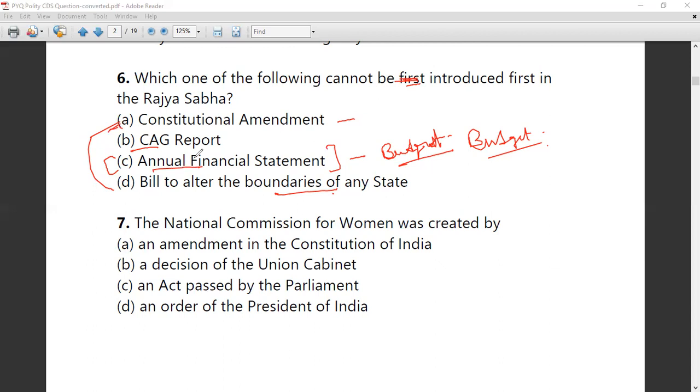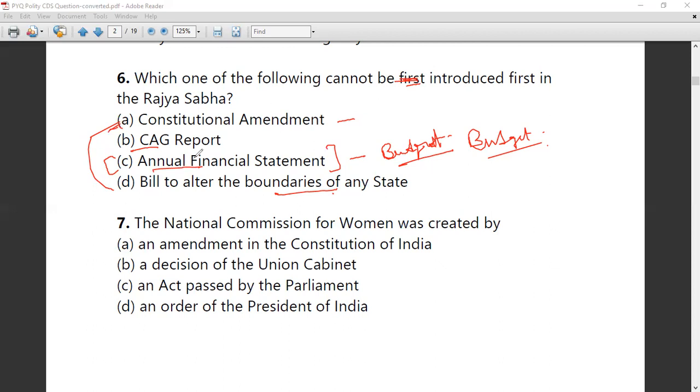So it is a kind of comparison of budget in which the taxation has been collected by the government and what will be the next planning for the expenditure of these collected taxes for the upcoming financial year. So that is the budget which is discussed first in the Lok Sabha. Clear? And it is mentioned in Article 112.